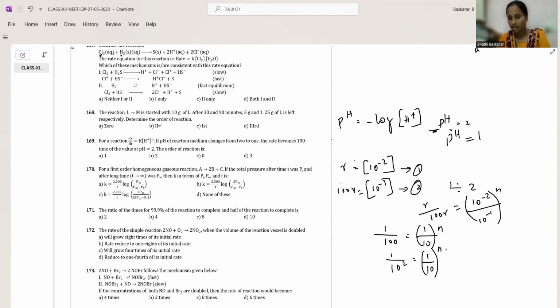Now bases are same, that is 1 by 10 and 1 by 10, and hence n is equal to 2. So what is the order of the reaction? Order of the reaction is nothing but option B, that is second order reaction.